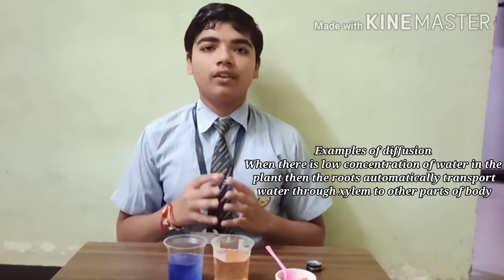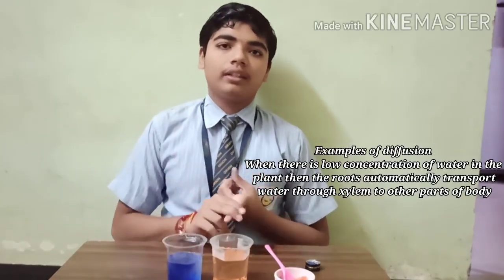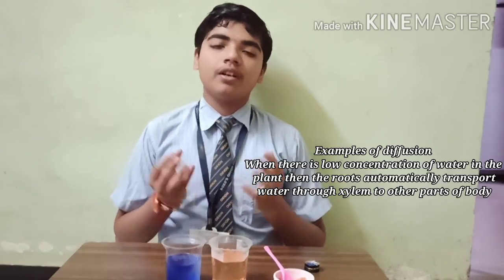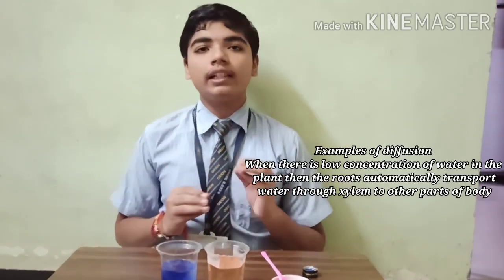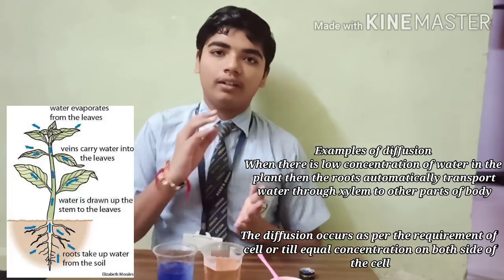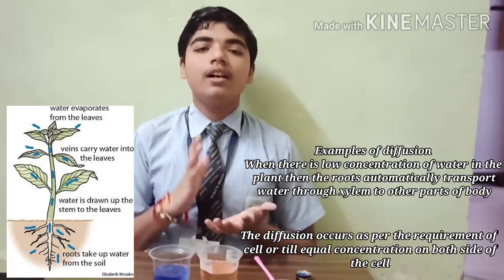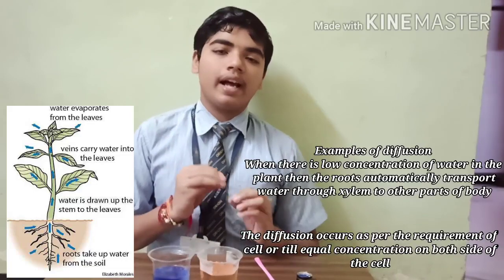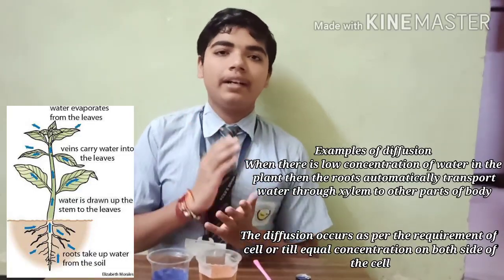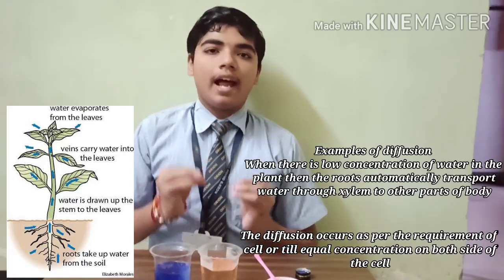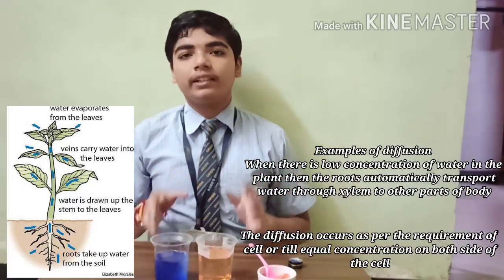Various examples of diffusion are the absorption of water molecules from the roots towards the shoot. This is a diffusion process. There is a lower concentration of water in the shoot, in the plant, and a higher concentration in the soil.